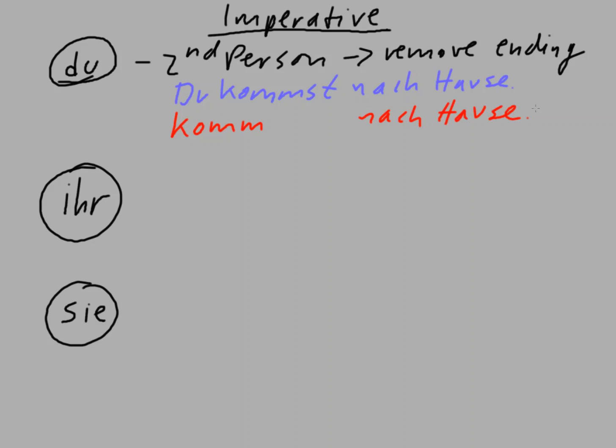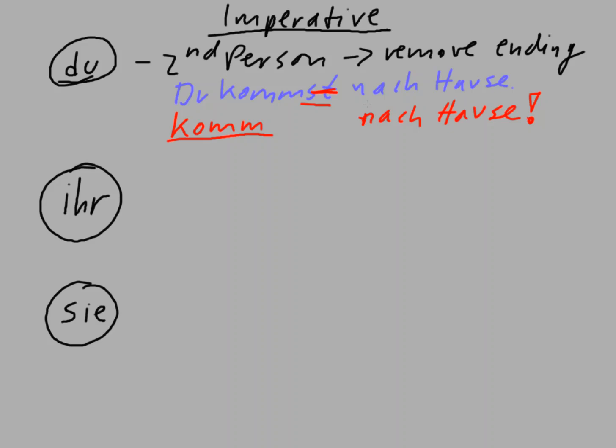So we took kommst, the second person, which has the ending st, and we got rid of that. What we are left with is komm. Komm nach Hause! And then, of course, we add an Ausrufezeichen, an exclamation mark at the end. You might want to yell this a little bit.